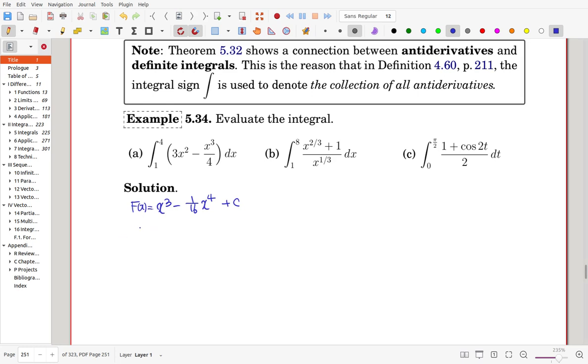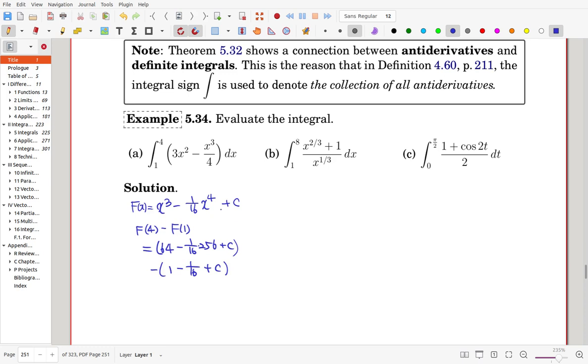Here, the solution is f of 4 minus f of 1. So that is, for 4, 64 minus 1 over 16 times x to the 4, which is 256, plus c, minus f of 1, that is 1 minus 1 over 16 plus c, right?